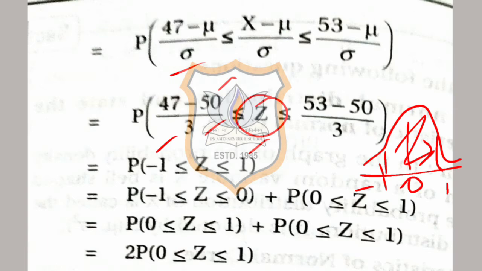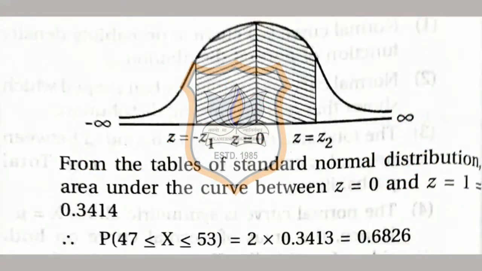So since this area we need, we can split it into two parts, that is 0 to minus 1 and 0 to plus 1. See over here, these are the values from 0 to minus 1 and 0 to plus 1. Now since both the areas are same, why? Because for 1 and 1 the area will be same, only sign difference is there.